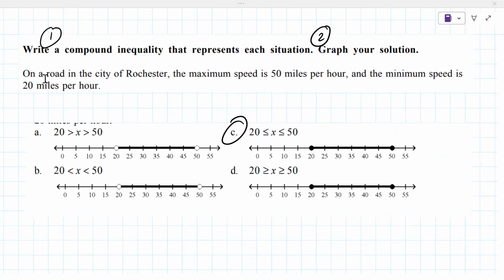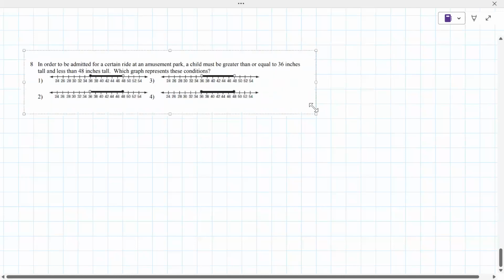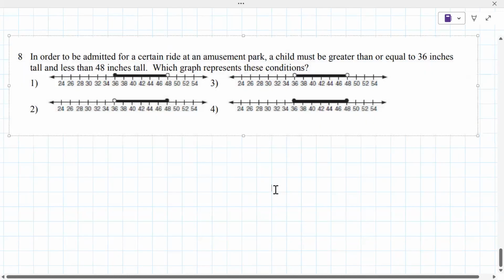There's kind of one more like that one, and then we'll switch to something else.